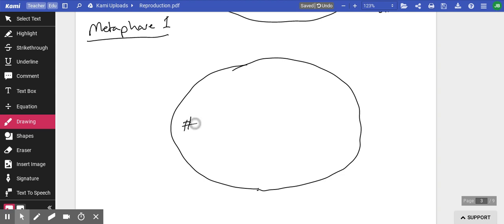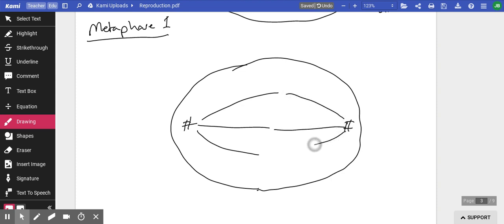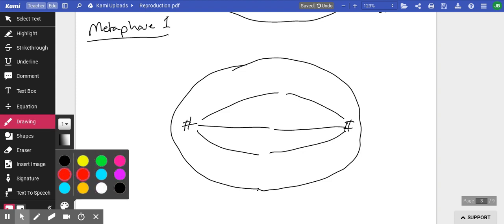We've got our centrioles. And the spindles have now moved our chromosomes to the center of the cell. And we have chromosome 1 right here, chromosome 2, and chromosome 3. These should be connected like the X shape.